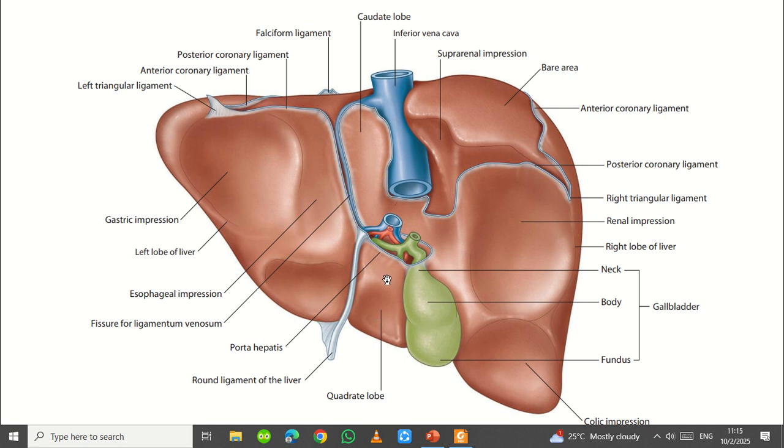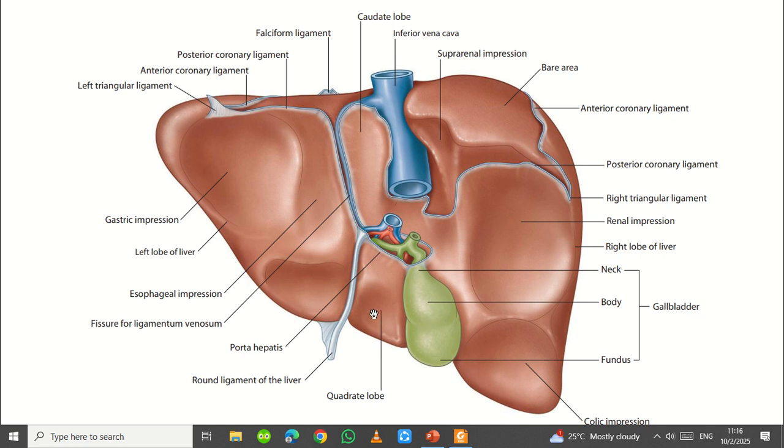We know that this is your left lobe and this is your right lobe. But at the visceral surface, you're going to have the caudate lobe and the quadrate lobe. Take note of this. The caudate and the quadrate lobe, anatomically, are part of the right lobe of the liver. But functionally, they are part of the left lobe of the liver.